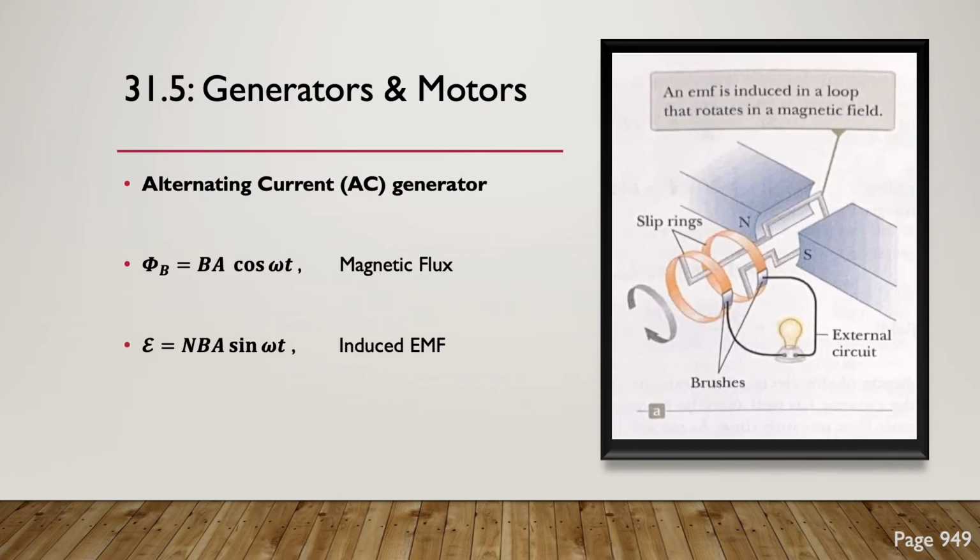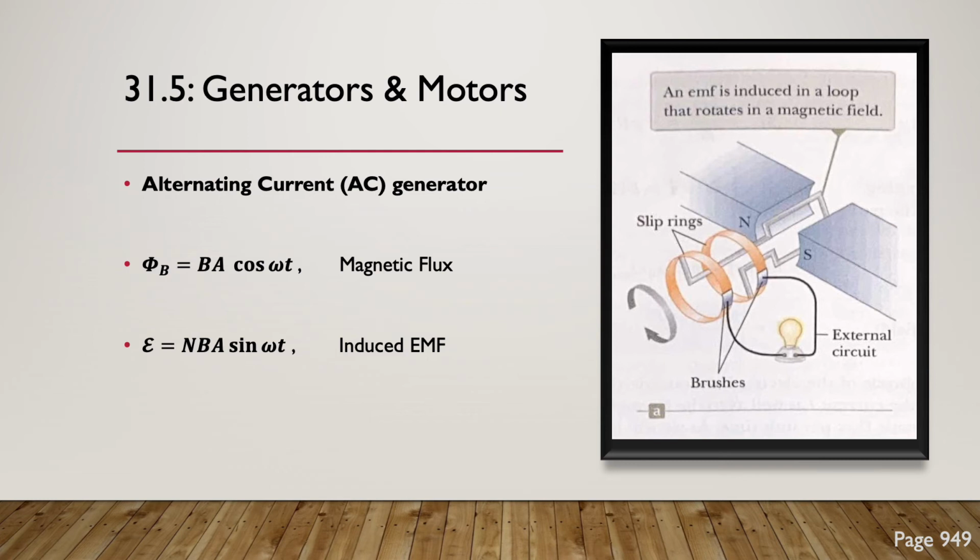In this section, we are going to discuss generators and motors. An alternating current, or AC generator, consists of a loop of wire rotated by some external means in a magnetic field, such as our graphic depicts. As the loop rotates in a magnetic field, the magnetic flux through the area enclosed by the loop changes with time, and this change induces an EMF and a current in the loop.